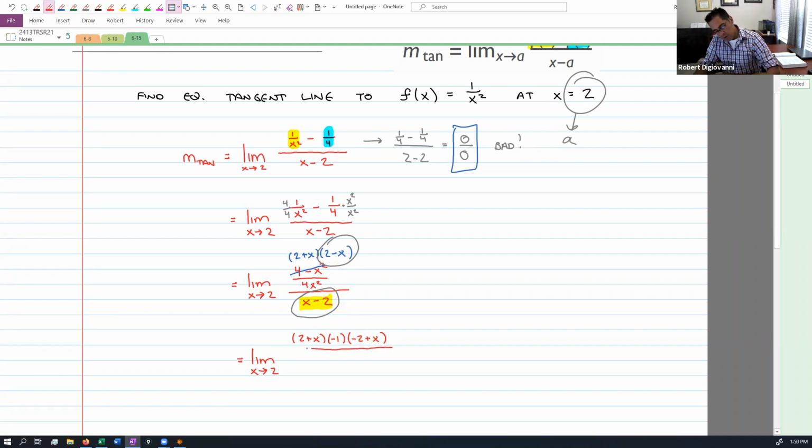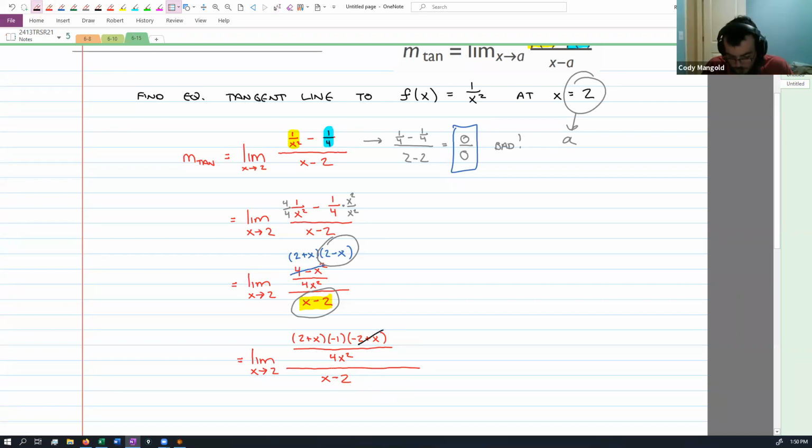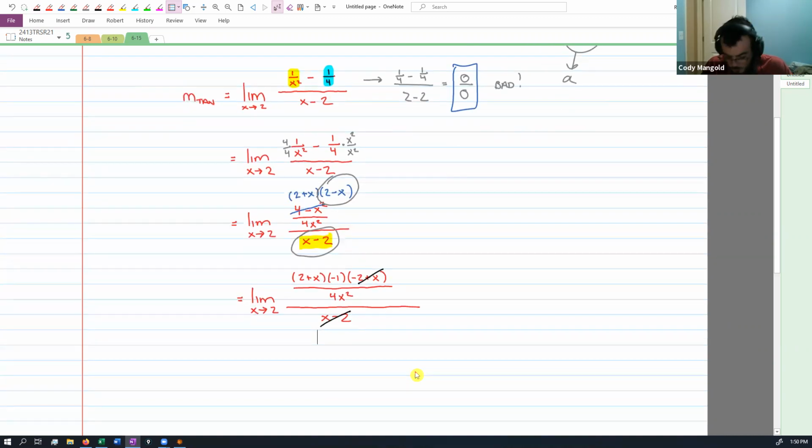That's all over 4x squared, but that's all over x minus 2. And Cody, do you see that those two now can cancel? I know that the order is backwards, but they're exactly the same expression, right? Negative 2 plus x is the same as x minus 2. Okay.